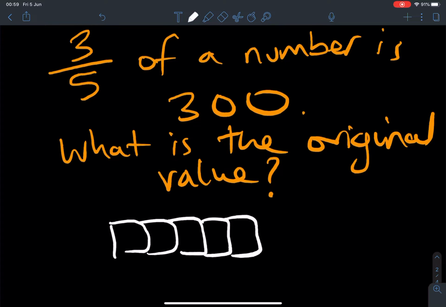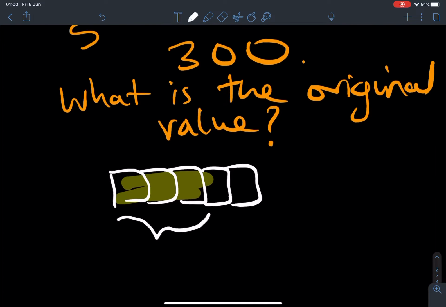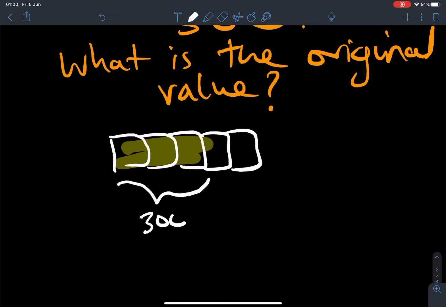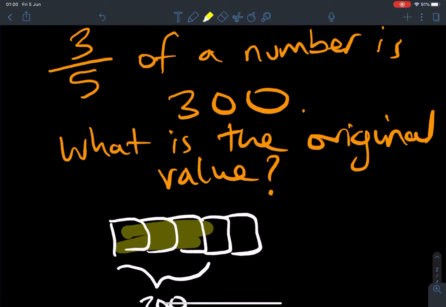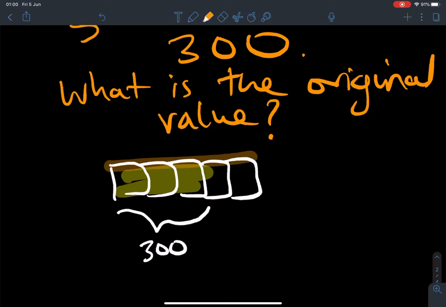So 3/5 is 3 different boxes shaded, and what they're telling you is that 3 of those boxes add up to 300. So the original value is referring to all of these boxes added up.